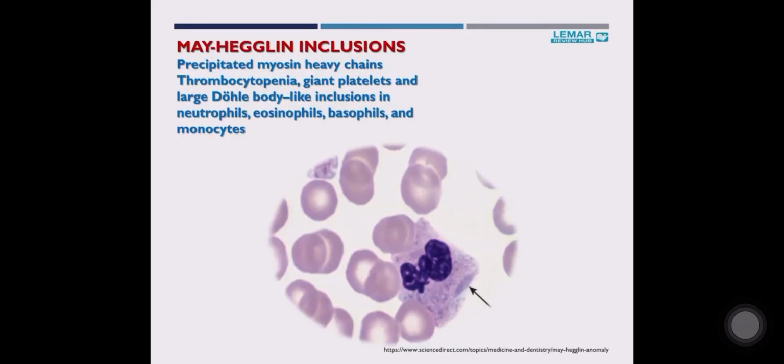Ito na nga po, picture po ng May-Hegglin inclusion taken from the internet. Alam ko po, ito rin po yung picture na nasa Rudoc. Now, this inclusion consists of precipitated myosin heavy chain found in May-Hegglin anomaly.